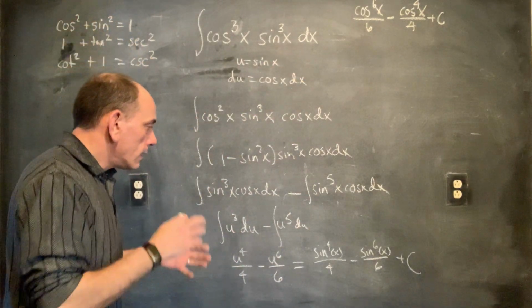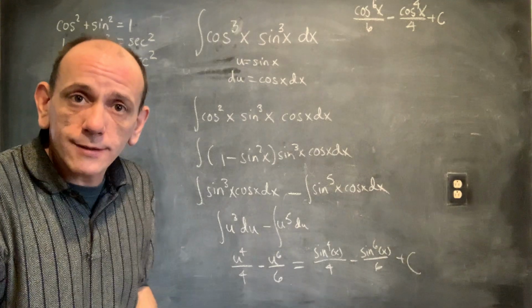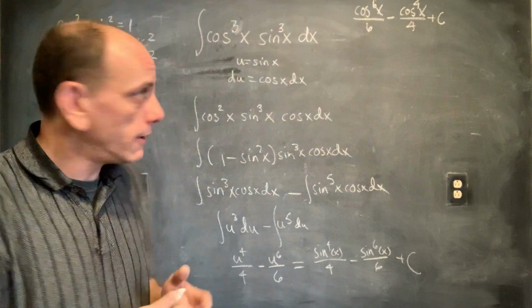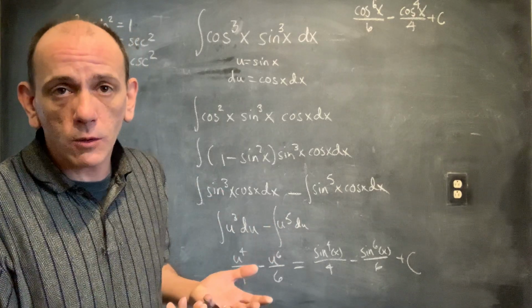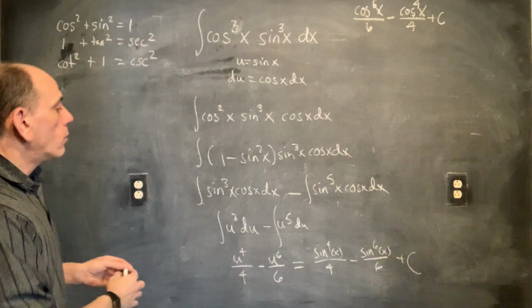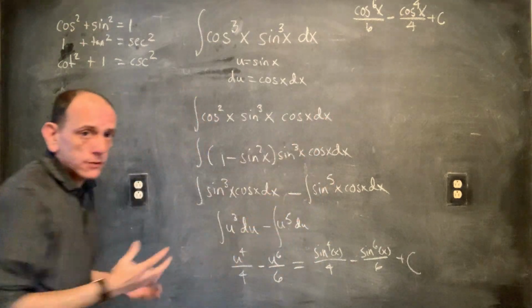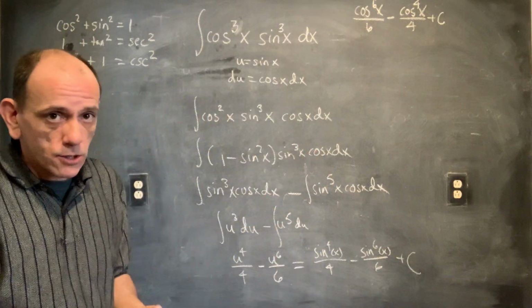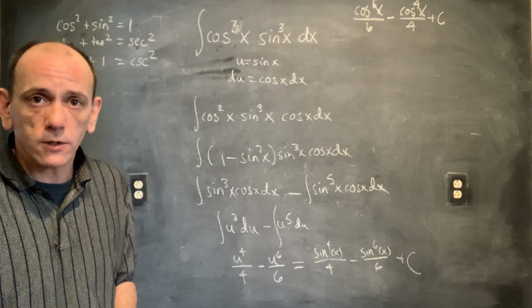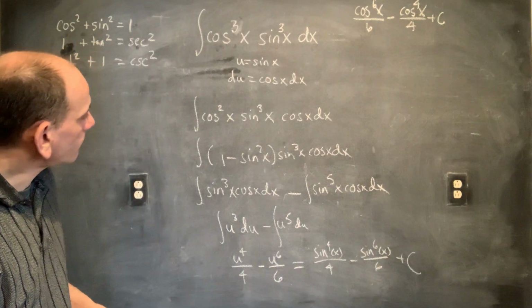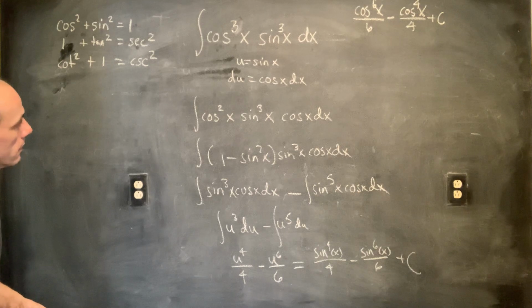But there's often more than one way to skin a cat, is one of the lessons here, right? We can approach a problem multiple different ways depending on if it'll actually work. We can get different looking answers, but they're actually not different. They're equivalent. Sweet.